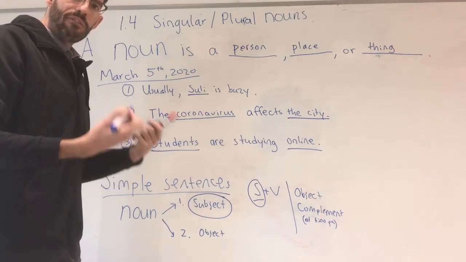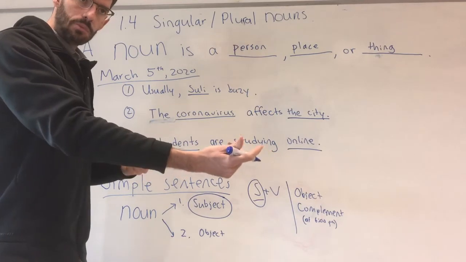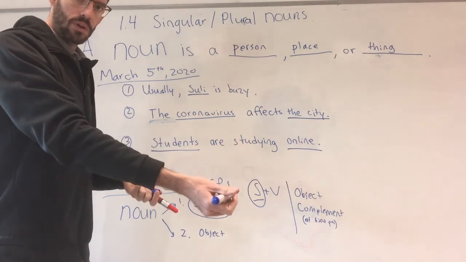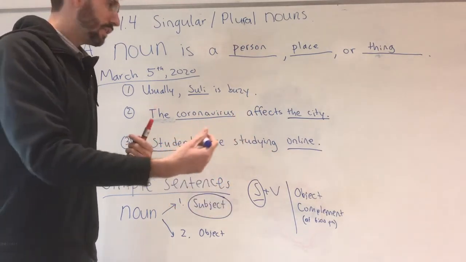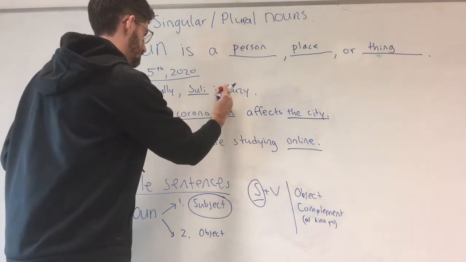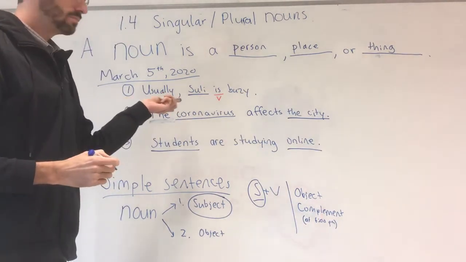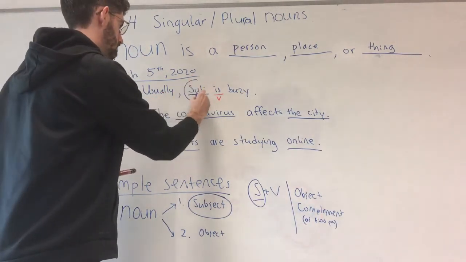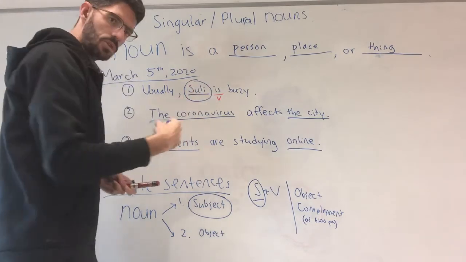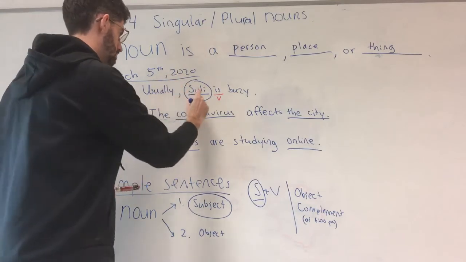I have to find the verb because the subject is before the verb or after the verb? It's always before the verb. So here's the verb, is, right? So what's the subject here? Suli, okay? So it answers the question what? What is busy? Suli is busy, that's the subject.